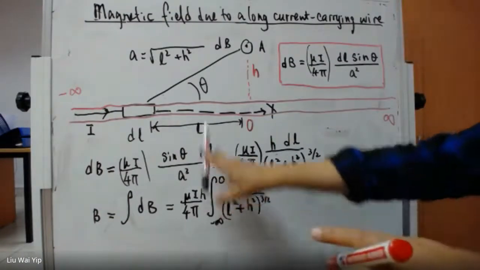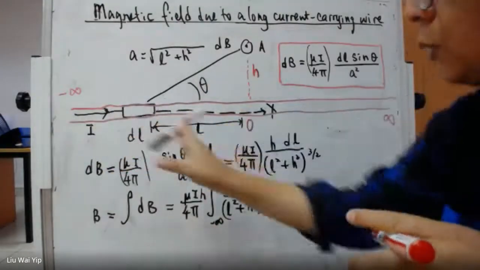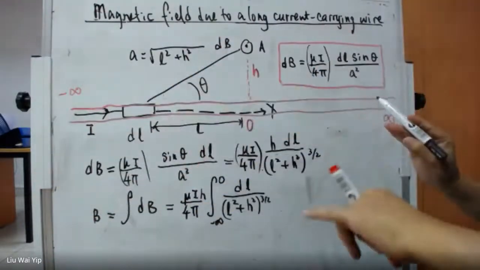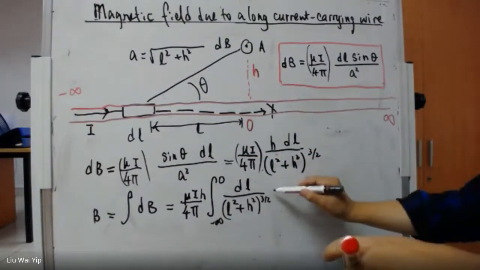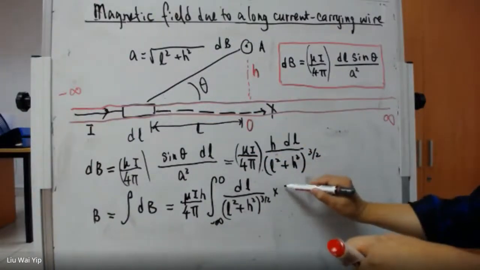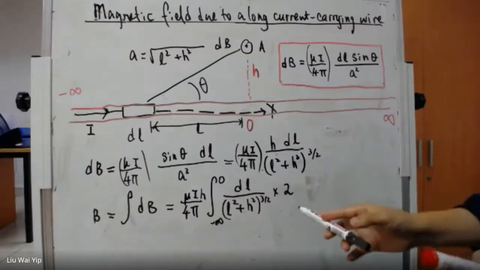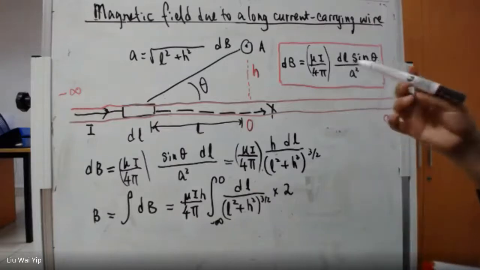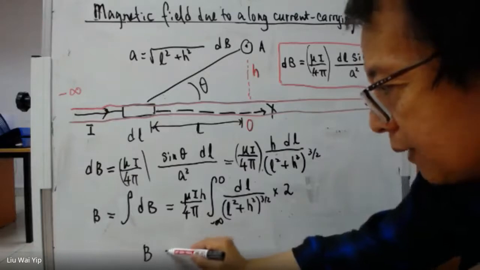And we have to multiply by 2 for the magnetic field contribution due to the left half and the right half of this conductor. So the whole expression will be multiplied by 2. If you do it very carefully using the integration table, then eventually you will find the answer. You will be surprised.